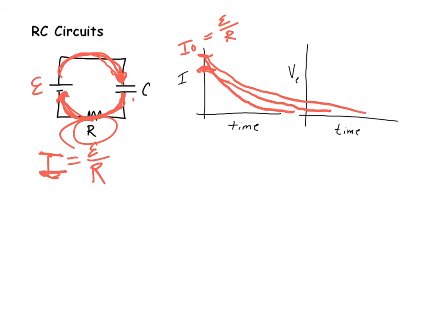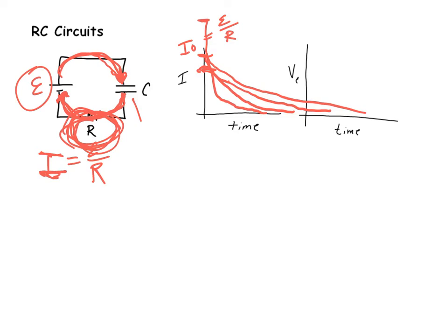If I had a smaller resistor, then the current would start out higher and the capacitor would reach charge a lot quicker as well. So how long it takes to charge up the capacitor depends on the resistance, and how much current actually flows depends on the voltage source and the resistance, but the time it takes depends on the capacitance.